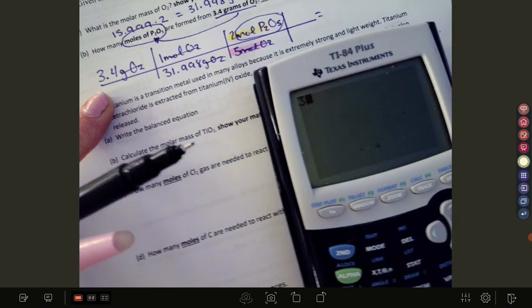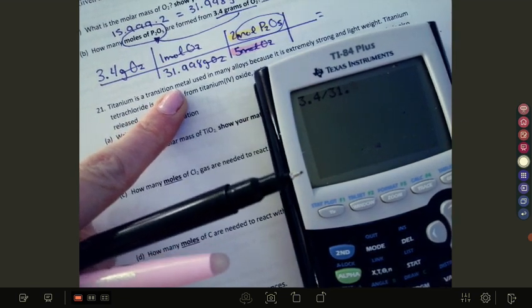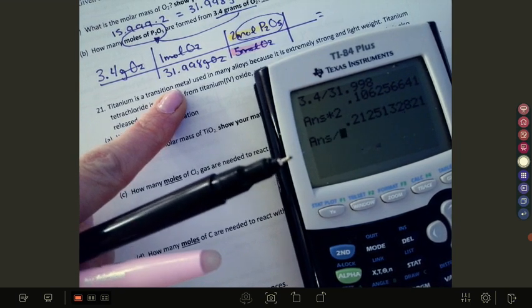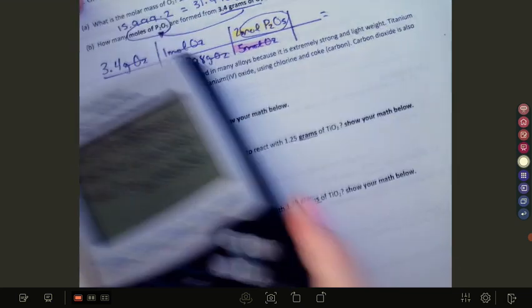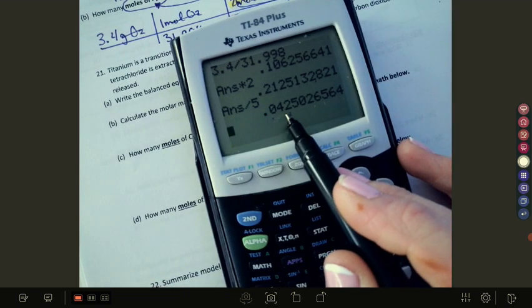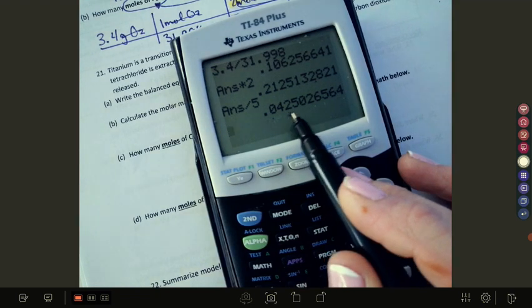So 3.4 divided by 31.998 times 2 divided by 5. And we have a decimal. So sometimes sig figs can trick people with decimals. Remember, we go to the first significant digit, 4, and then the second is where we're rounding, 2. We look to the right, we're going to round up.